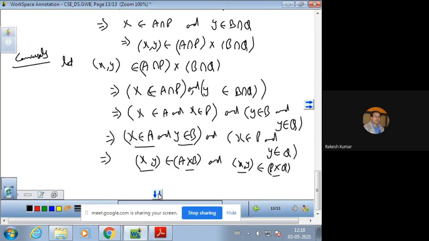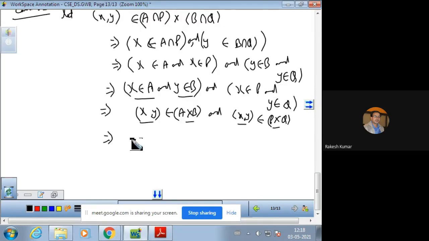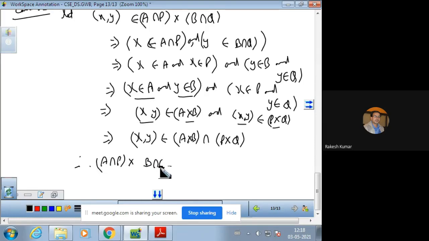So it means xy ordered pair belongs to A cross B intersection P cross Q. So it comes in both. Now from here we can write that this is a subset of this: A intersection P cross B intersection Q is a subset of A cross B intersection P cross Q.